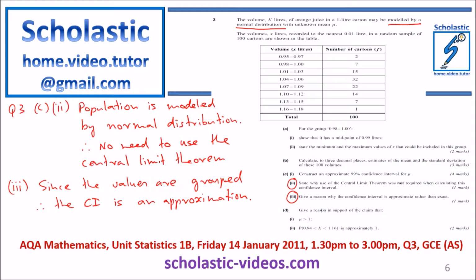We can't exactly tell what the confidence interval is, because our values are already grouped. If the values were given exactly, like volume 0.96 is this much, 0.98 is this much, then we could say it's not an approximation.